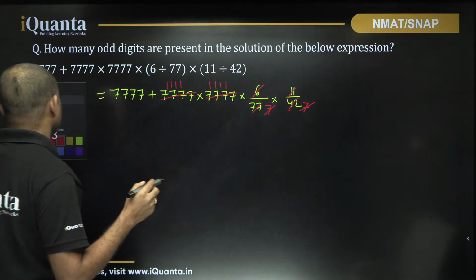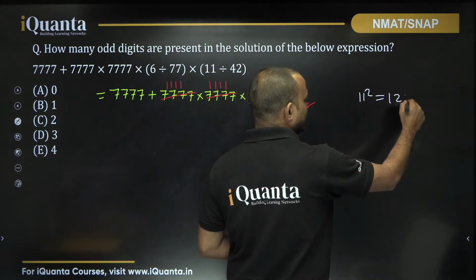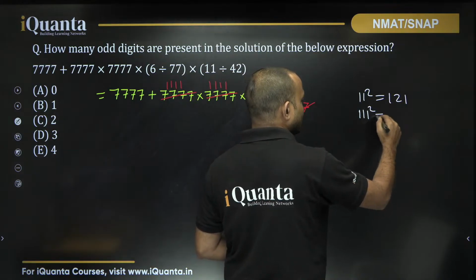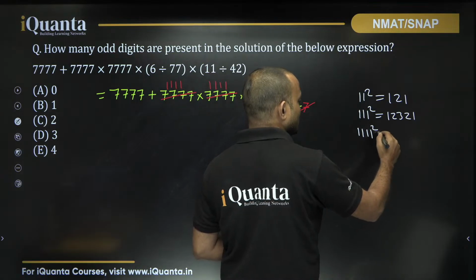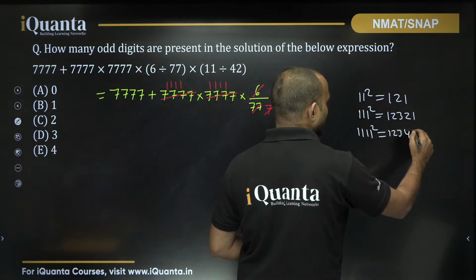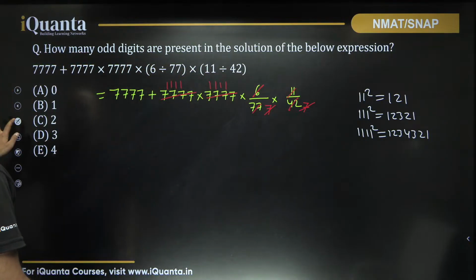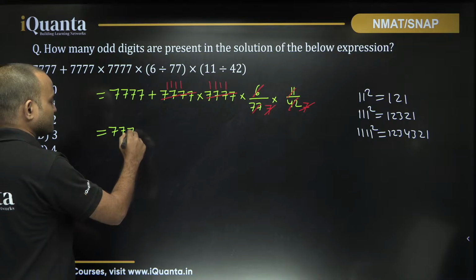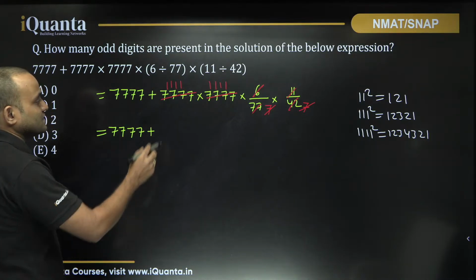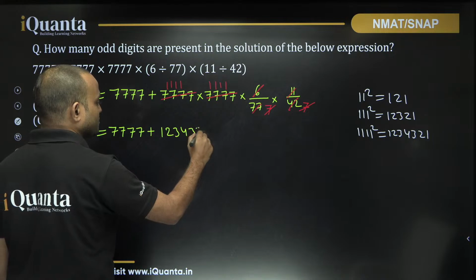What is 111 square? 11 square is equal to 121. 111 square is 12321. 1111 square is 1234321. It's a very easy pattern. If you have seen this one, it's really difficult to forget this one. So this will be 7777 plus this value will be 1234321.